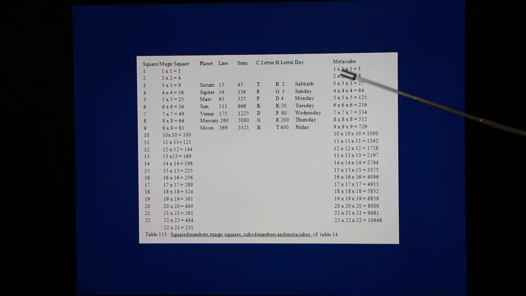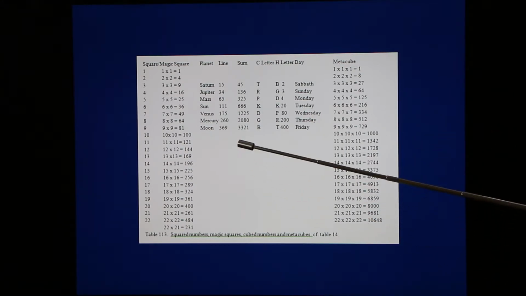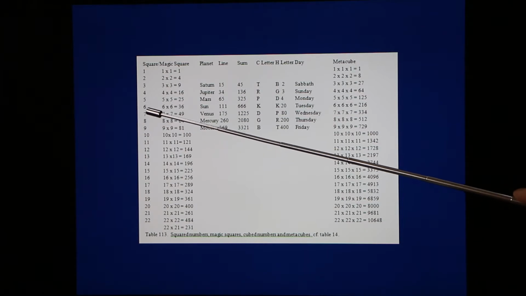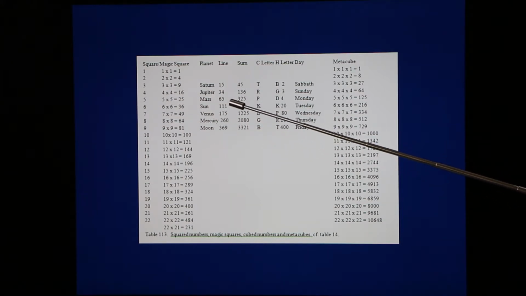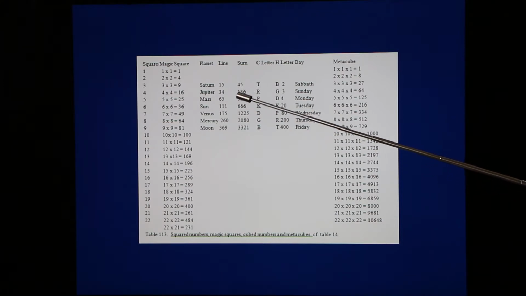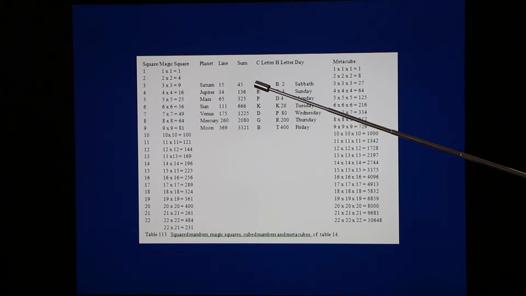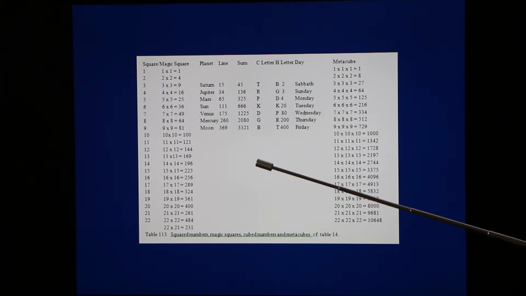I can do metacubes and arrive at a different set of numbers. And then the 3 times 3 equals 9 cube. That gives me, in terms of lines, the number 15 and the sum 45.